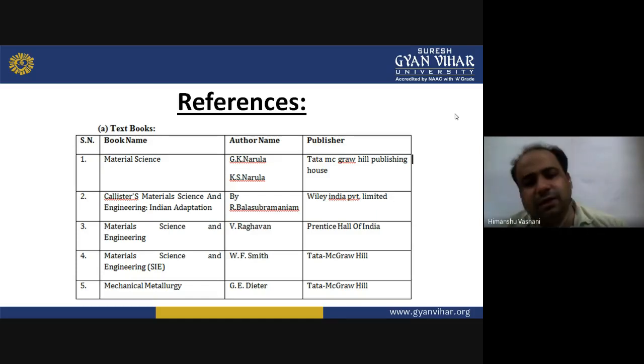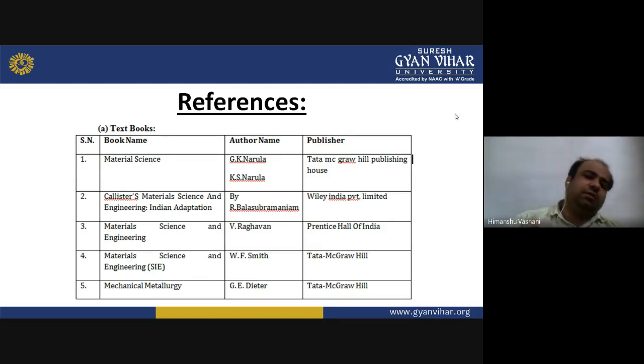Some authors use higher-end English, which can be difficult to read, so you can go for another book with simple language. You should have the capacity to understand that. So for now, these are the references you can refer to.